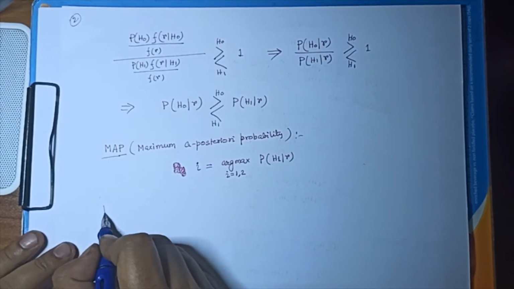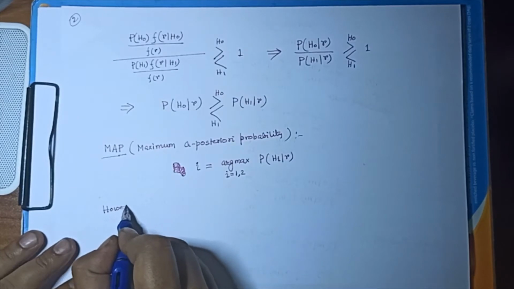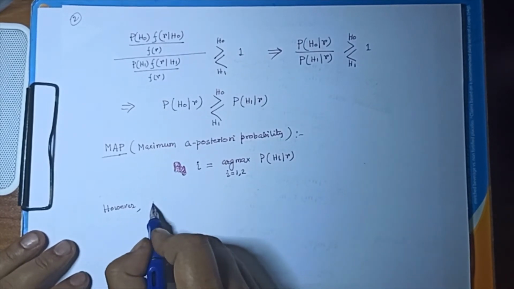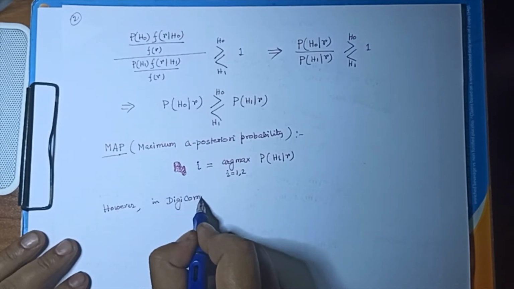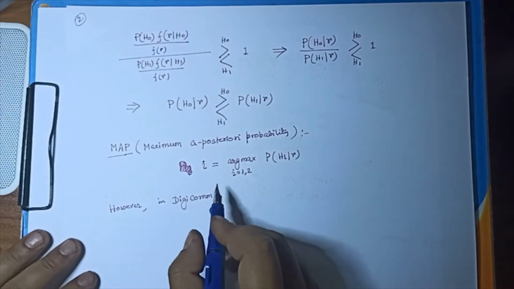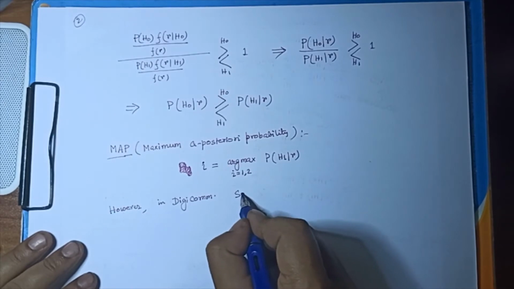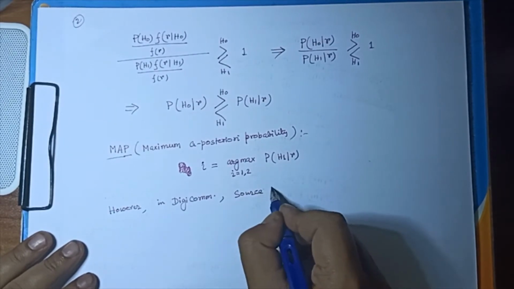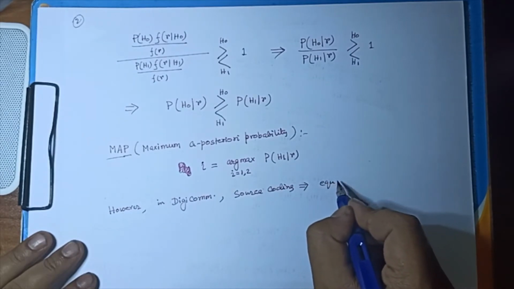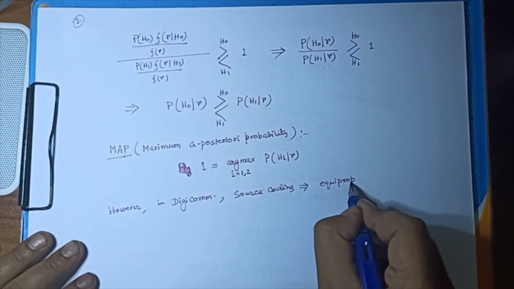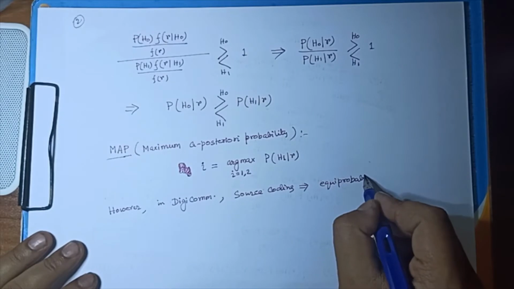However, for communication applications, in digital communication, we know that if source coding has been done, then source coding implies equiprobable sources, equiprobable symbols.